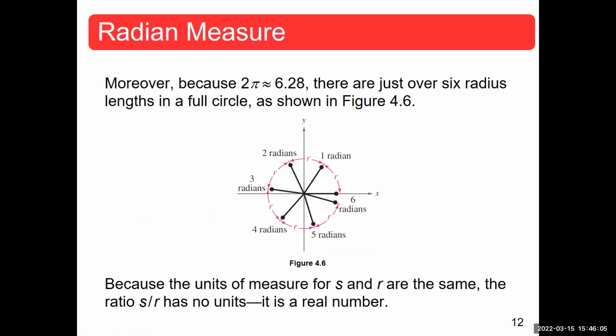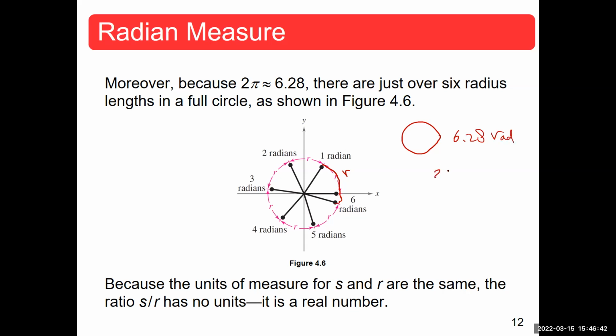You can see here, if I make a curve of length R, so this is R, there's another R, another R, another R, another R. I can go around 1, 2, 3, 4, 5, 6 radians around the circle, but I have some left over. So the entire circle is 6.28 radians.